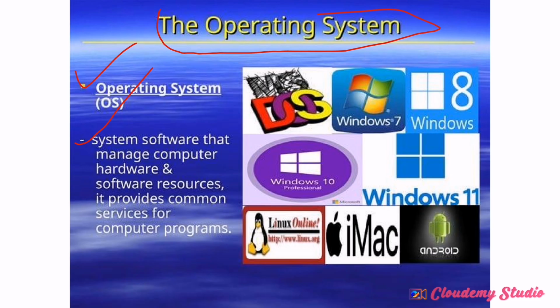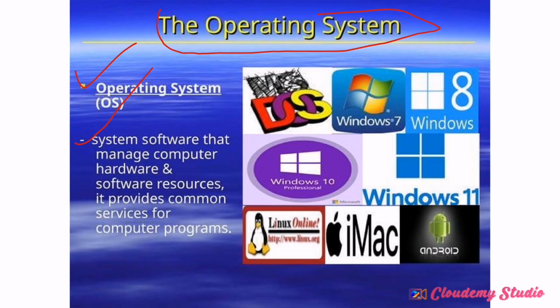It provides common services for computer programs. Okay, so like I explained, the OS is the one that helps the software resources as well as the hardware programs to function in the computer.